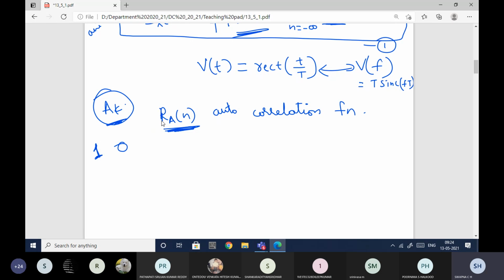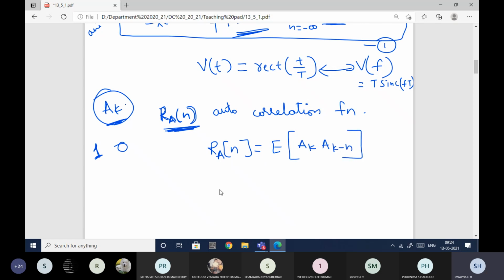That is the reason it is written as Ra of n. This A indicates it is the autocorrelation function of AK. So you need to find Ra of n, which can be calculated as the ensemble average or mean value of AK times AK minus n.